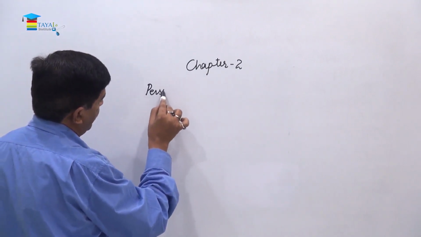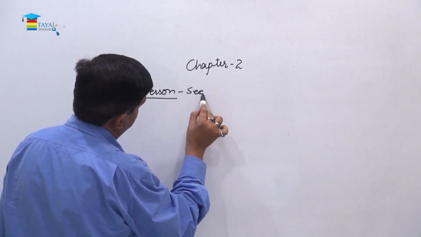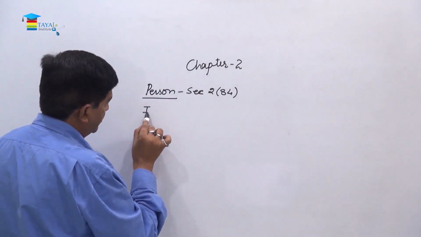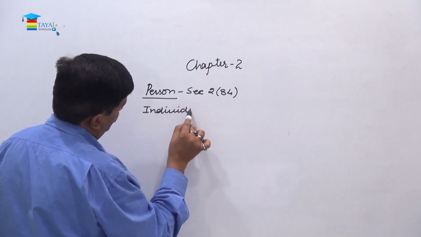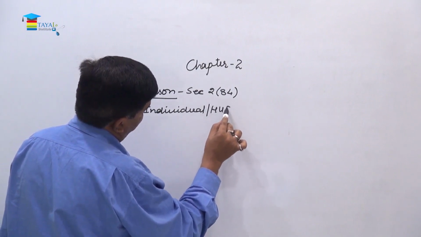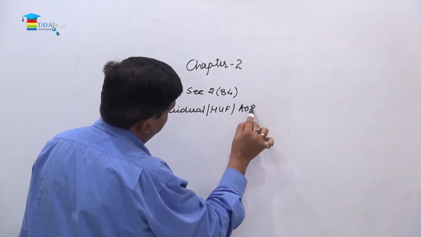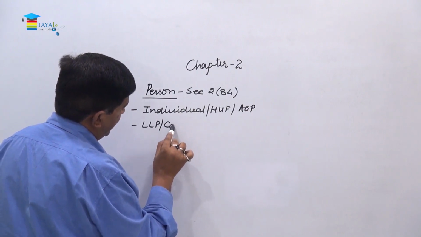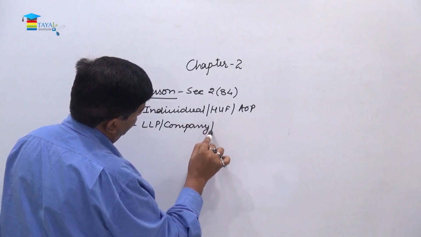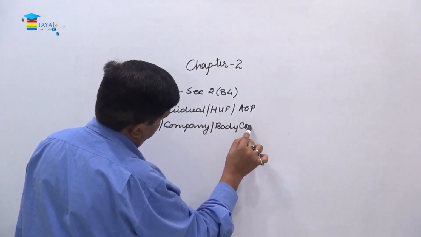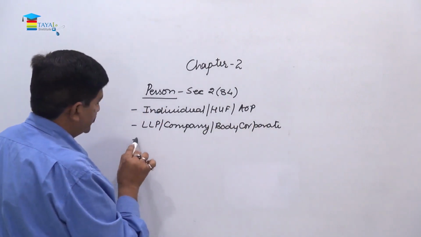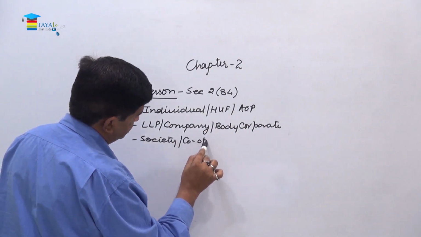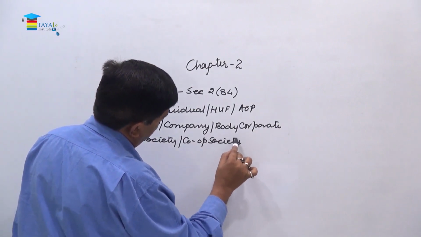Person is an individual, HUF, AOP, LLP, company, body corporate, society, cooperative society, or a trust.